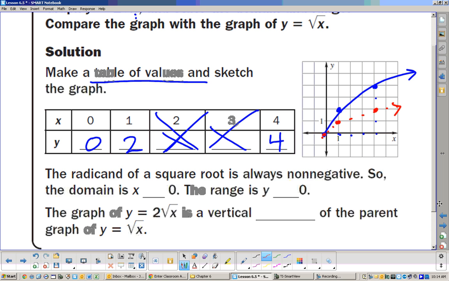First of all, the radicand of the square root is always non-negative, so the domain is still x is greater than or equal to 0. The range is still y is greater than or equal to 0, because it didn't move anywhere. All it did is have a vertical stretch of 2 because it had an a of 2. So nothing new there. All the a's and the h's and the k's still do the same thing.